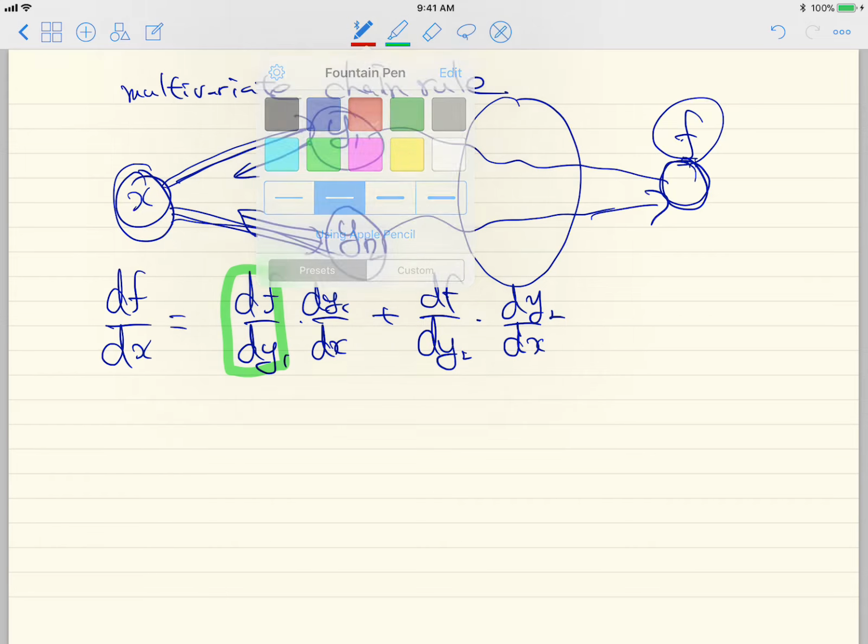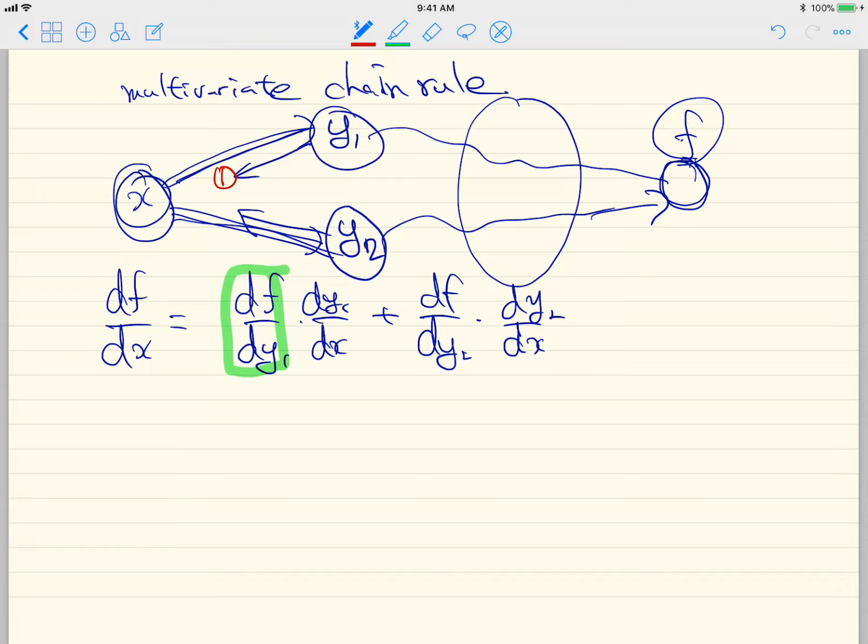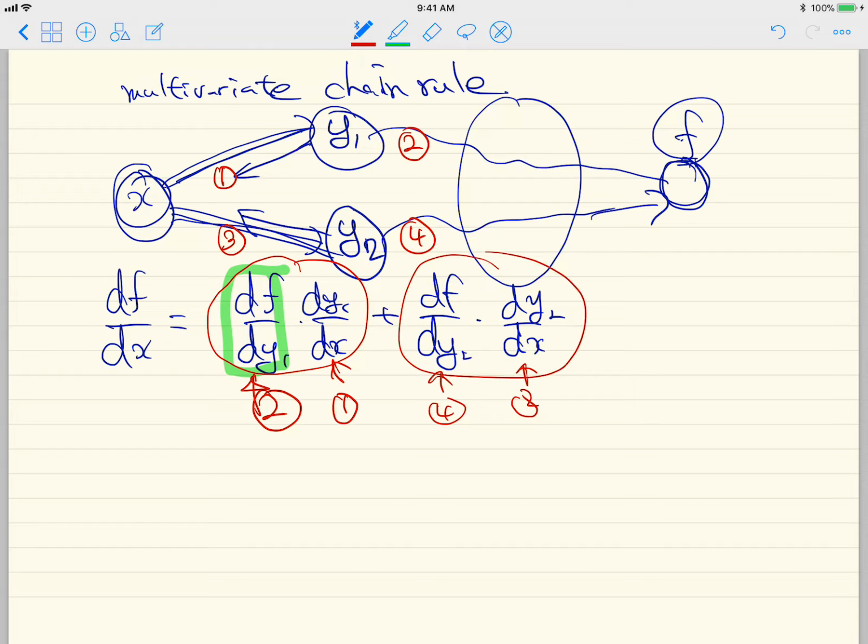Let me just number them 1, 2, 3, 4. So what is this green part? What is the corresponding number? It is 2, right? And then this guy is 1, right? And this guy is 4 and 2, right? So when this single node branches through multiple nodes by following these four paths in our computational graph, the gradient will be all added together. Okay, so that is called the multivariate chain rule.